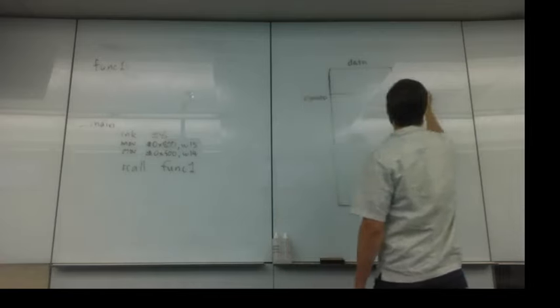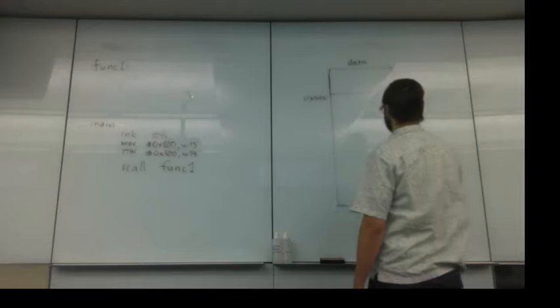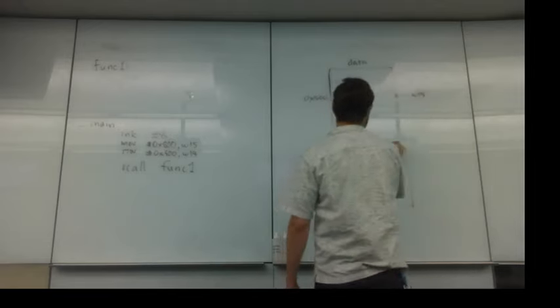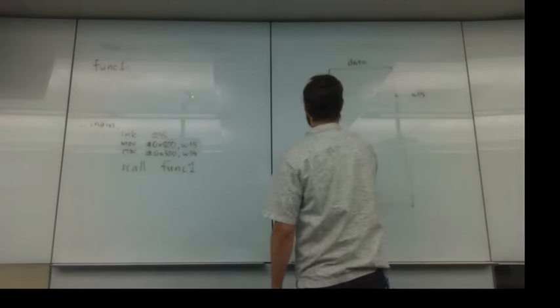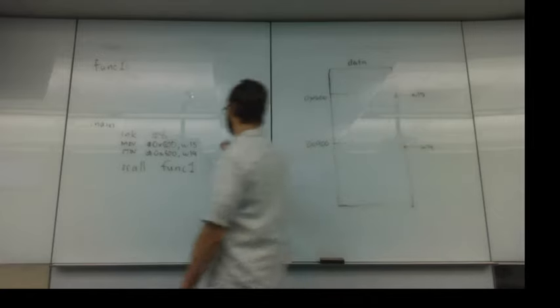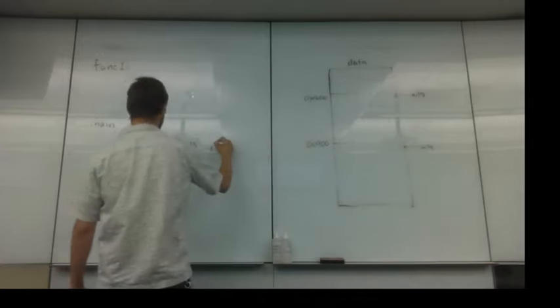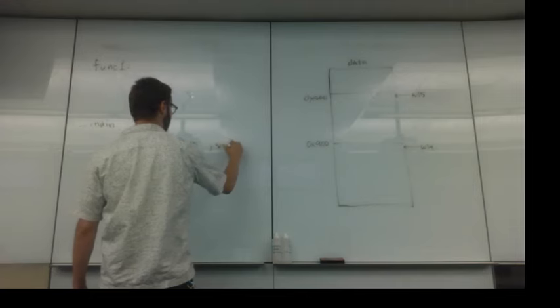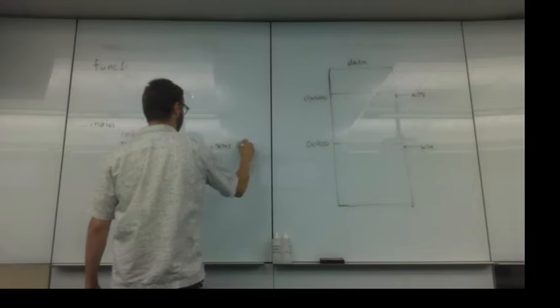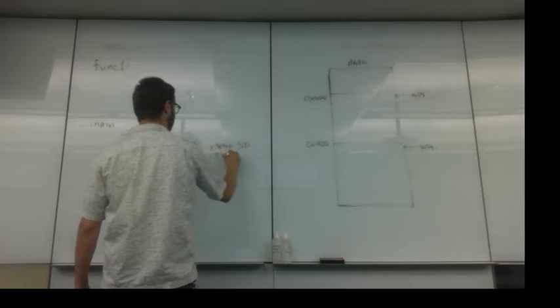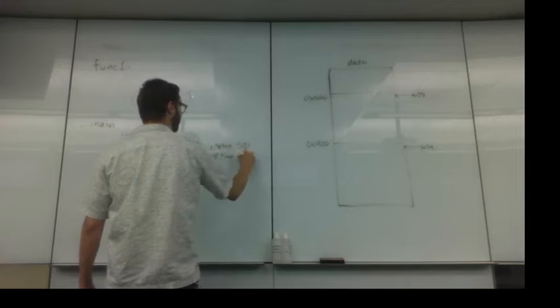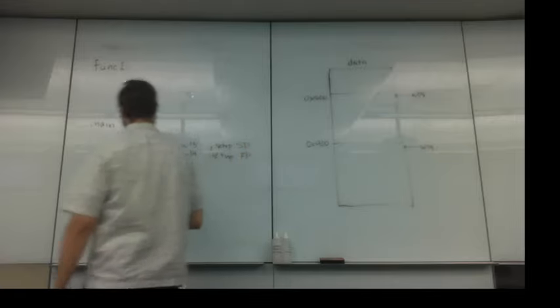We've got W15 pointing to it, and let's do the frame starting at x900, and we've got W14 pointing to it. So let's do set up stack pointer, set up frame pointer.